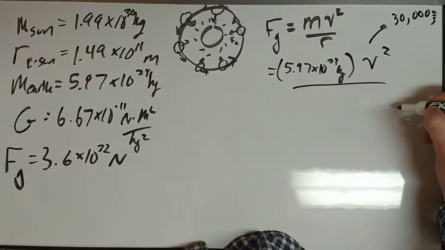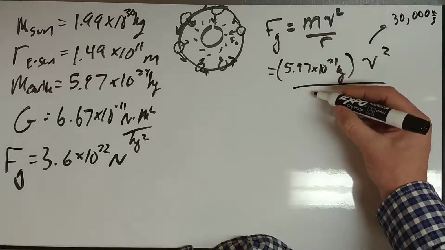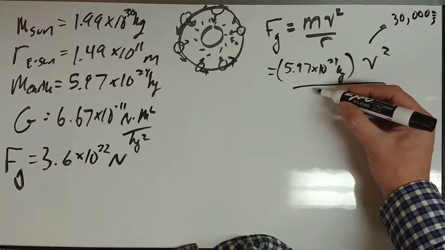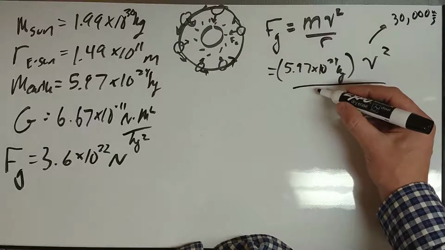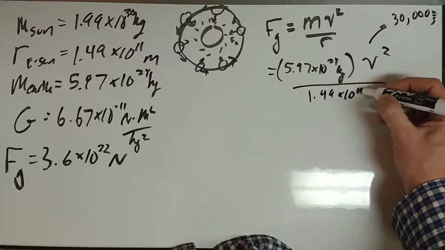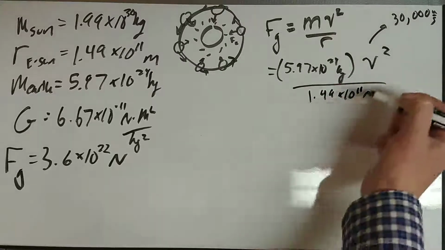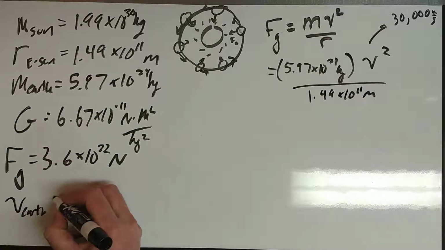But it's about 30,000, almost exactly. And then the radius, using these average numbers of the orbit, is 1.49 times 10 to the 11th meters that we've already used. With the velocity of the Earth, you could do that off as a side calculation.